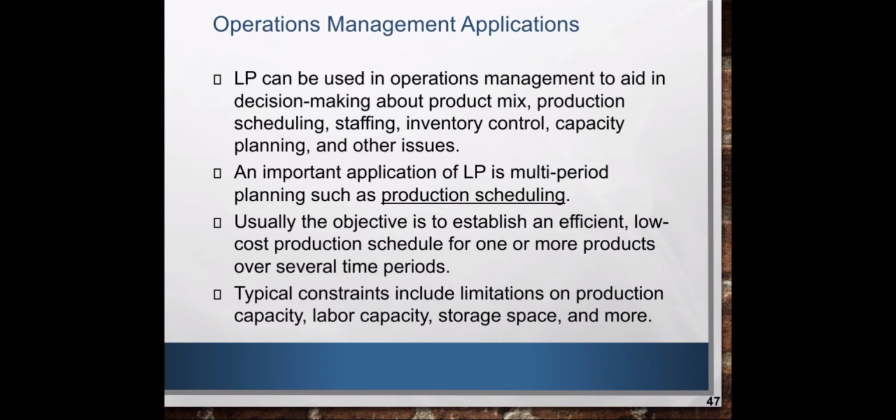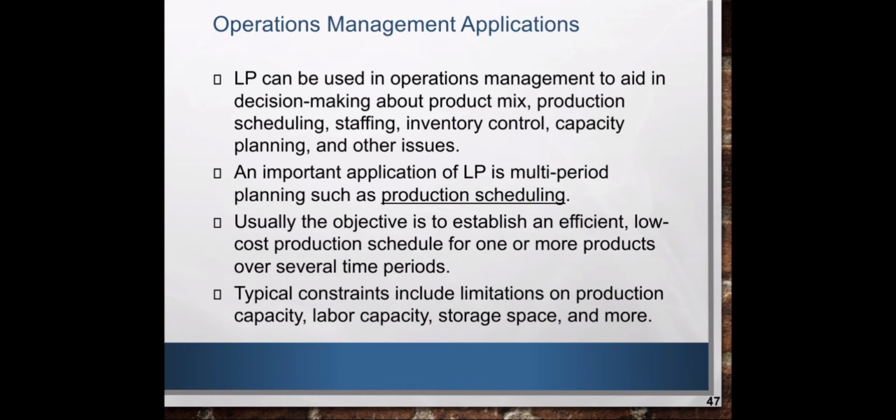An important application of LP is multi-period planning, such as production scheduling. The solution to production scheduling enables the manager to establish an efficient, low-cost production schedule for one or more products over several time periods, or weeks, or even months.